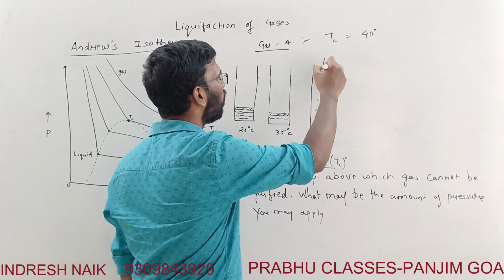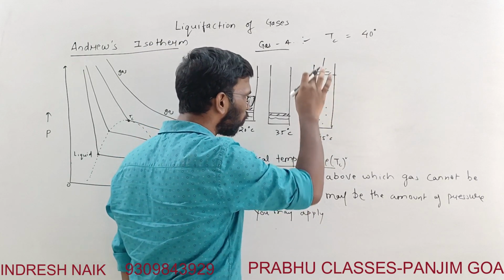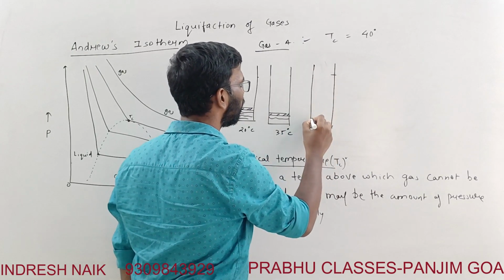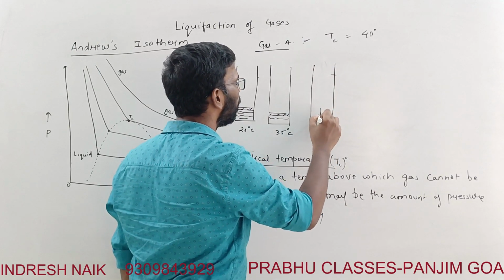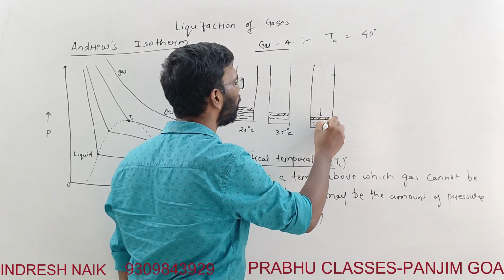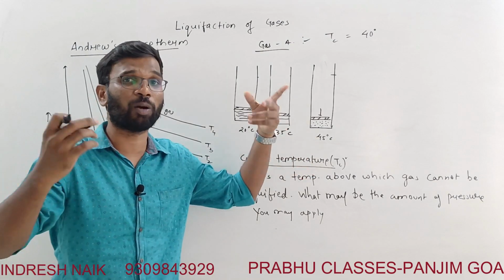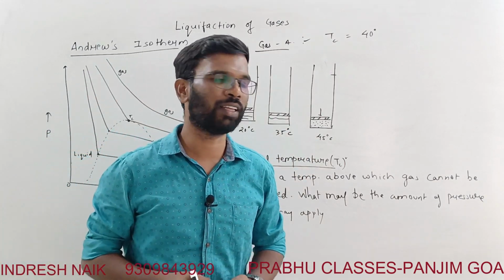Whatever pressure you apply, the lid will come down, but the gas will remain a gas. It is not going to get converted to a liquid, because this is the temperature above which you cannot liquefy the gas. That is the meaning of the critical temperature.